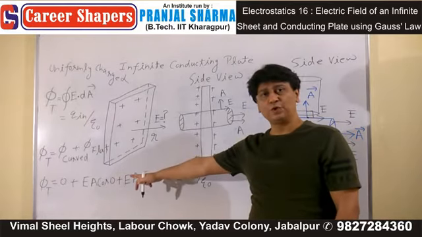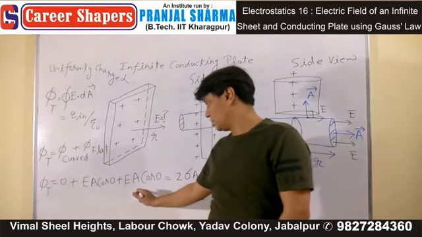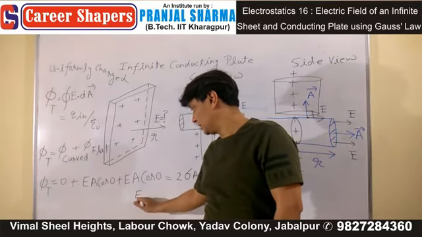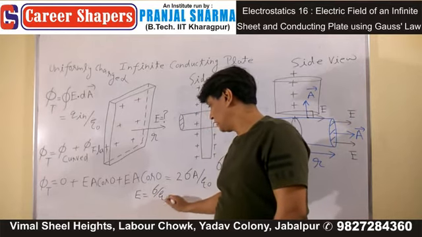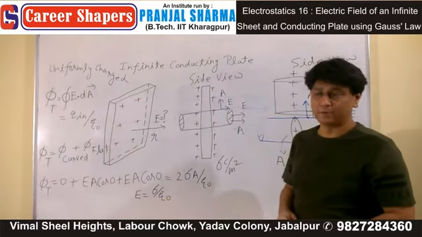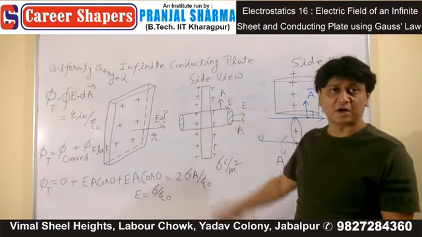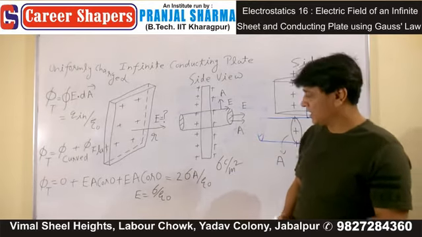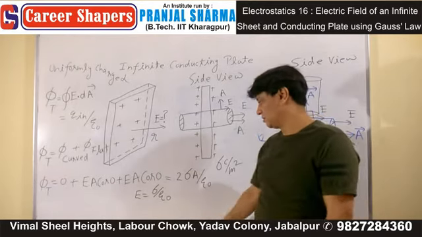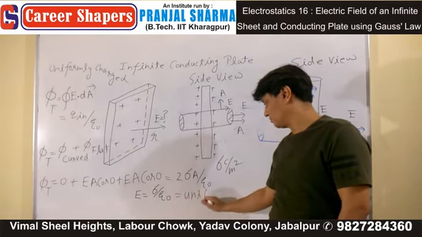This is 2EA, A and A cancel, and your electric field is coming sigma divided by epsilon 0. The result which we got for the previous article, double of that, is your electric field, and this electric field is also what? Uniform.